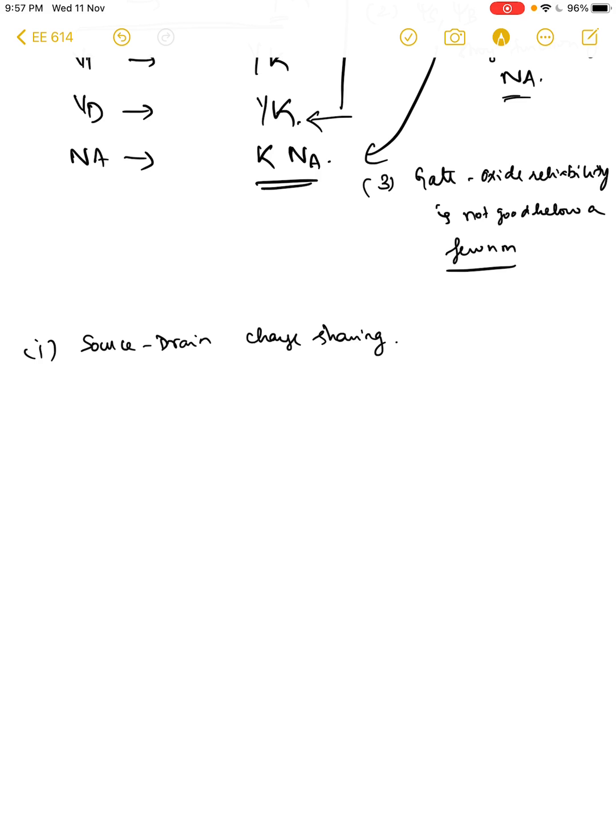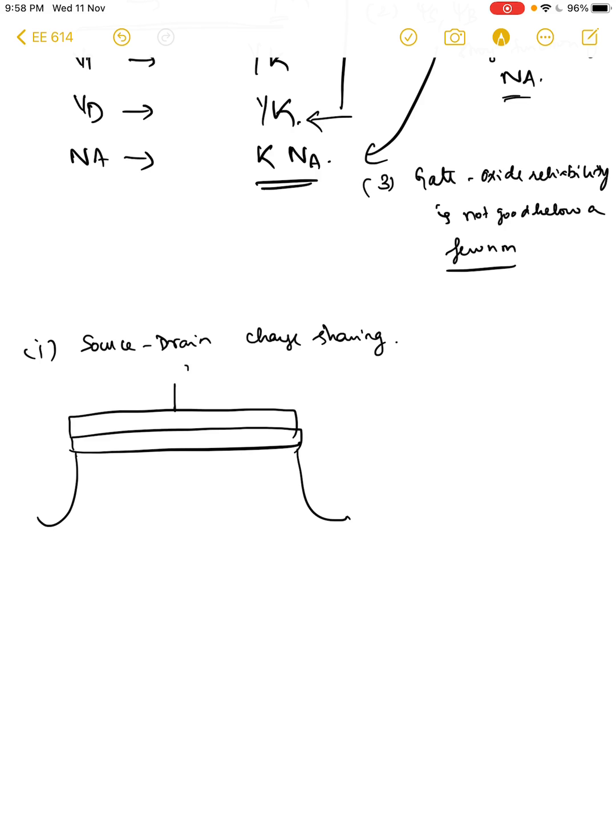So what happens when you shrink the channel? In the ideal case, you have an oxide, you have a gate, and most of the gate field, let's say that I apply positive potentials here. You deplete the channel first. This is the channel depletion width, right? And then you start getting the inversion layer.